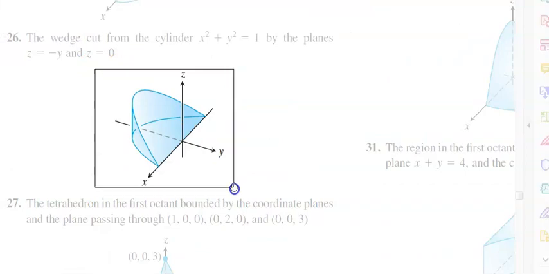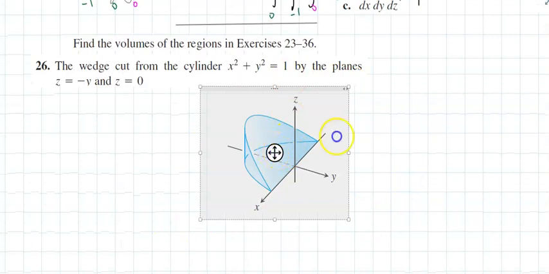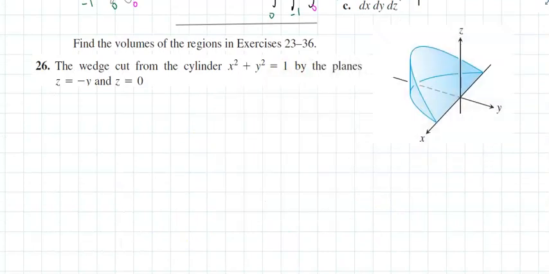Now, you could do this any way you want. We are used to running this vertically. That is, you could write this any way you like. I'm going to say, find the volume. Volume is going to equal a triple integral. And why not tackle this the way we've been working all along? Get z out of the way.